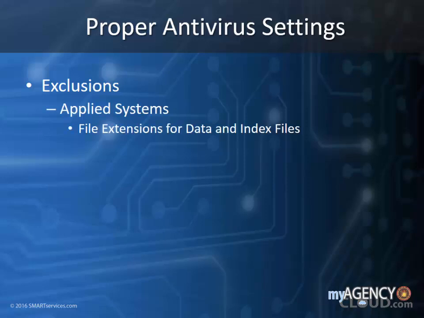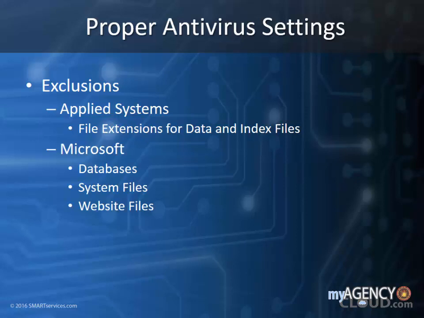Well, you don't necessarily always know, but I'll give you some examples of companies that do have them. Applied has recommended file extensions for data and index files to exclude to make sure that their software is running optimally and also not being corrupted by antivirus.